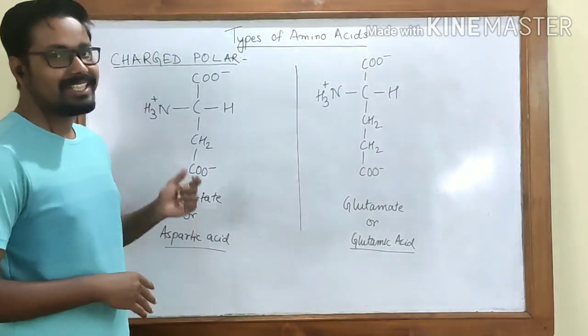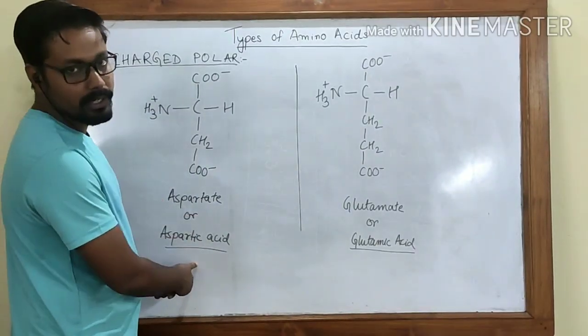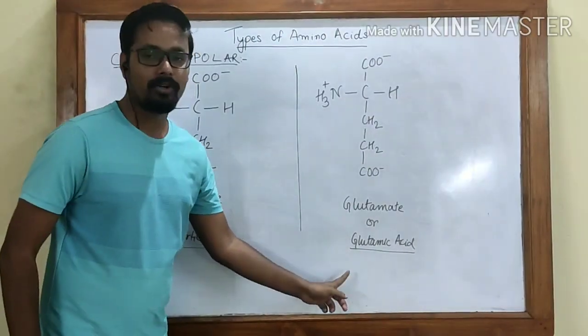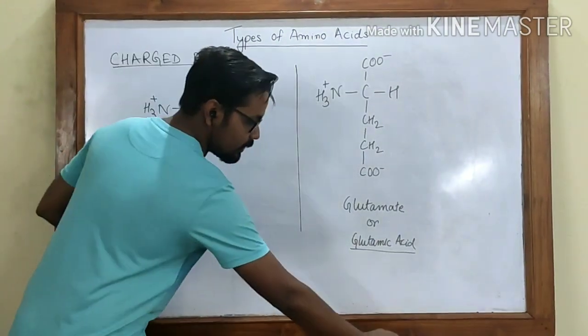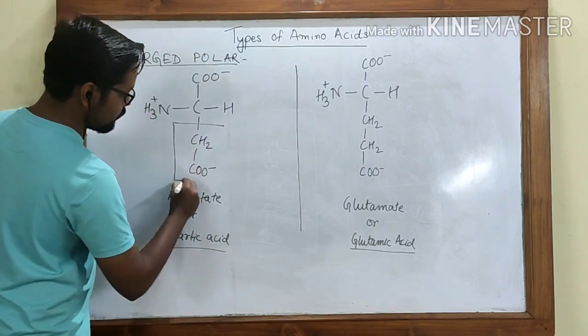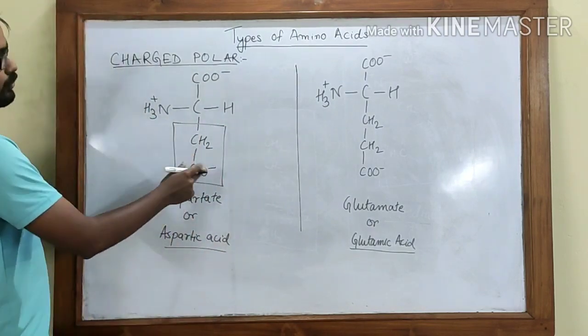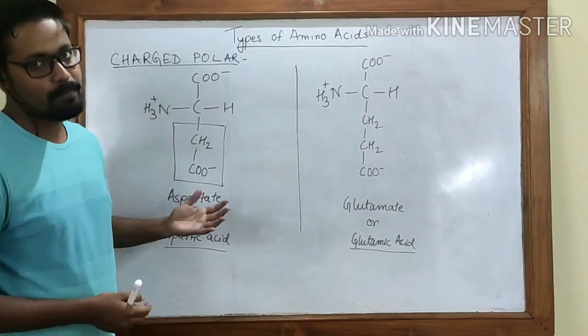Now we are into the negatively charged amino acids. The first one is aspartate or aspartic acid. The second one is glutamate or glutamic acid. So we have 2 only. In aspartic acid, this is our side chain, a very small side chain, CH2COO minus. So we have this carboxyl group giving it the negative charge and hence the polarity.